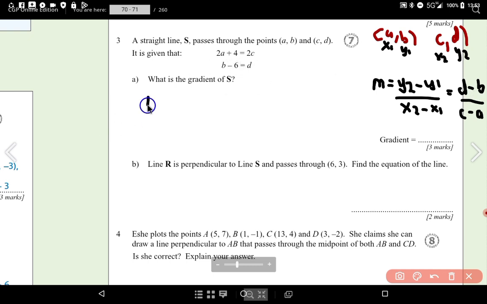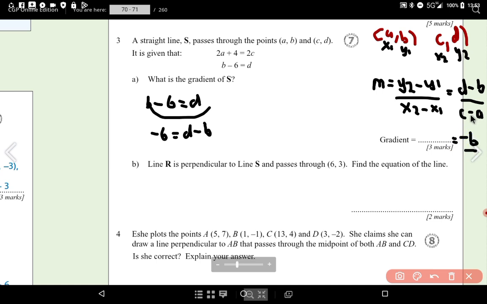I have b minus 6 is equal to d, so I can take b this side. So I'm going to have negative 6 is equal to d minus b. So d minus b is negative 6.